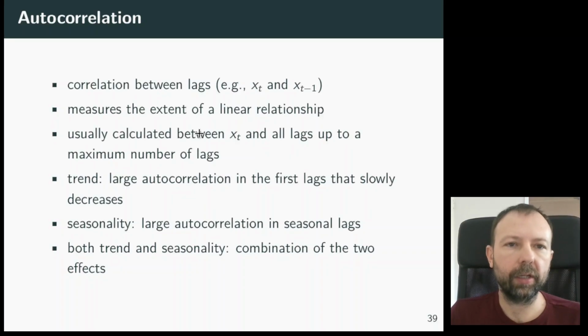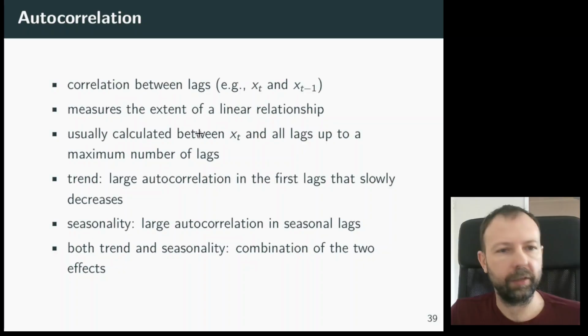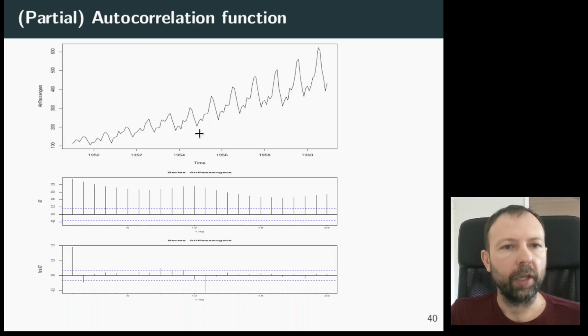And it's usually calculated between xt and all lags up to some maximum number of lags, and then it's put into a plot. The trend is then usually visible in these plots as large autocorrelation in the first lags that slowly decreases, and seasonality is large autocorrelation in seasonal lags, right? And if a series has both trend and seasonality, it's just a combination of these two.